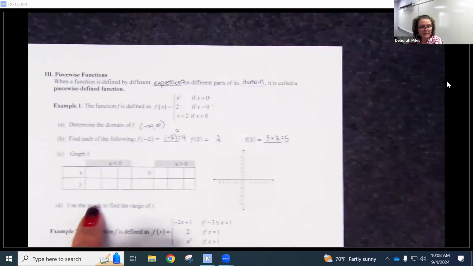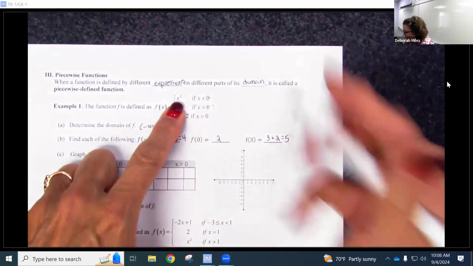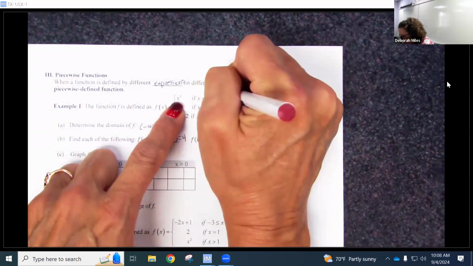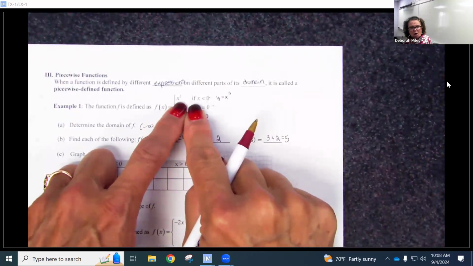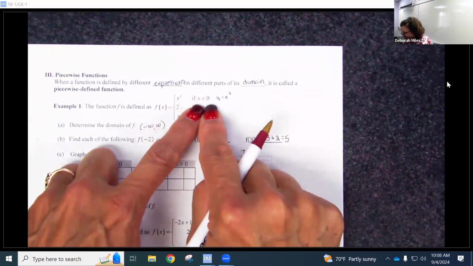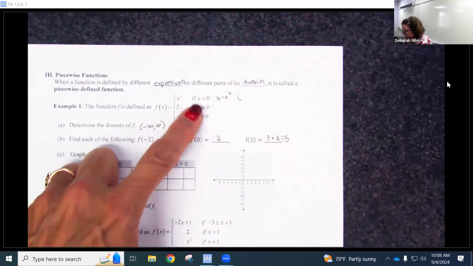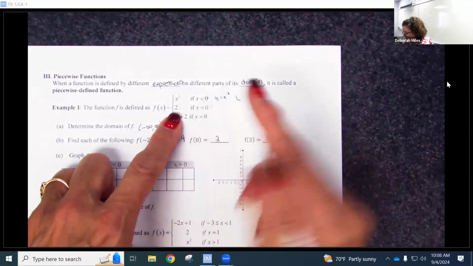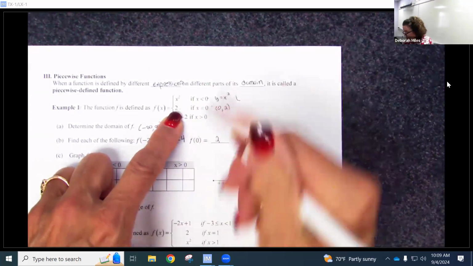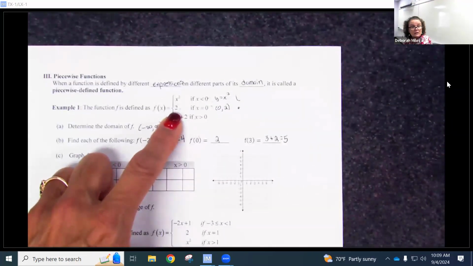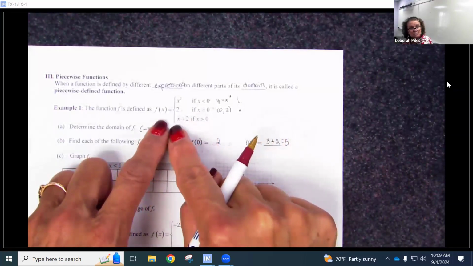And now we want to graph a piecewise function. You know what this part of the graph is going to look like? Y equals x squared is going to be a concave up parabola. All the x's that are less than 0 is just the left-hand side of that parabola. The middle of the graph is going to be the point when x is 0, y equals 2. So it's just going to be a dot. And then for all the positive numbers, y equals x plus 2.